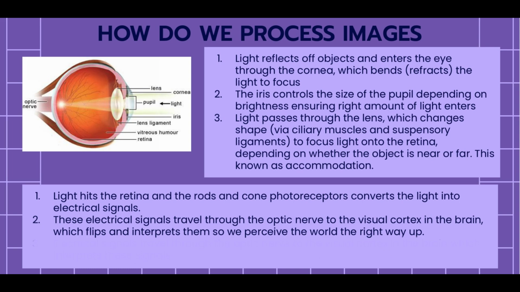Light hits the retina, and the rod and cone photoreceptors convert the light into electrical signals. Electrical signals travel through the optic nerve to the visual cortex in the brain, where they're interpreted so we perceive the image the right way up.